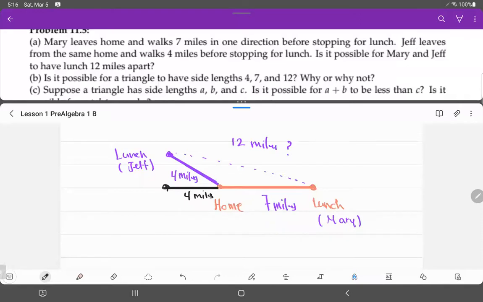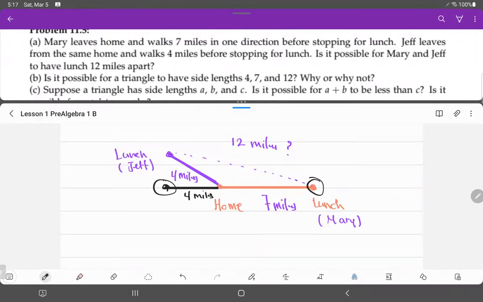So they are going to be 11 miles apart, and this is the farthest. But any other direction that Jeff takes is going to be shorter, because these 2 points are getting closer to each other. For any other direction, for sure, it's going to be less than 11.